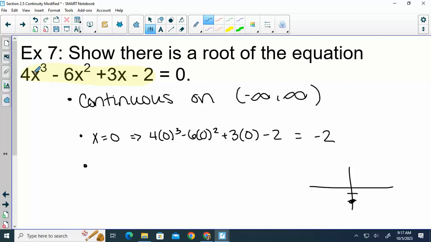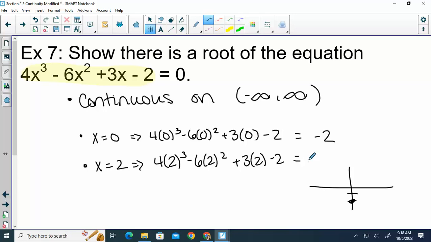I don't think 1 would give me a positive, would it? Let's try 2 and see if that does. -32 minus 24 is 8 plus 6, just 14 minus 2 is 12.